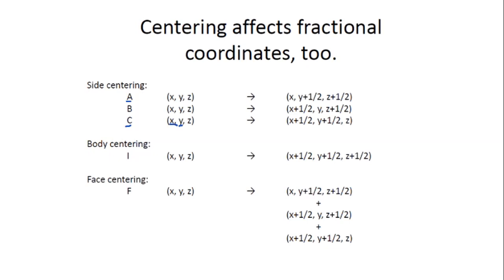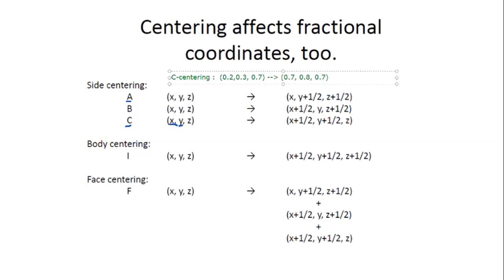side centering coordinates. So for example, if we want to do C centering for the coordinate 0.2, 0.3, 0.7, since it's C centering, you would get 0.7, 0.8, 0.7.